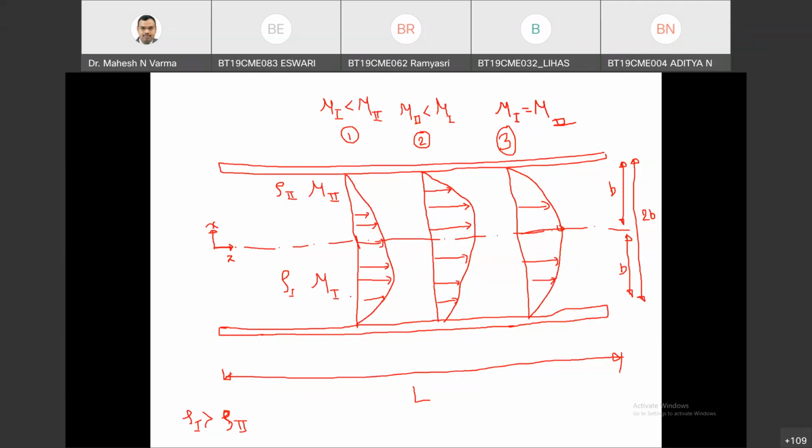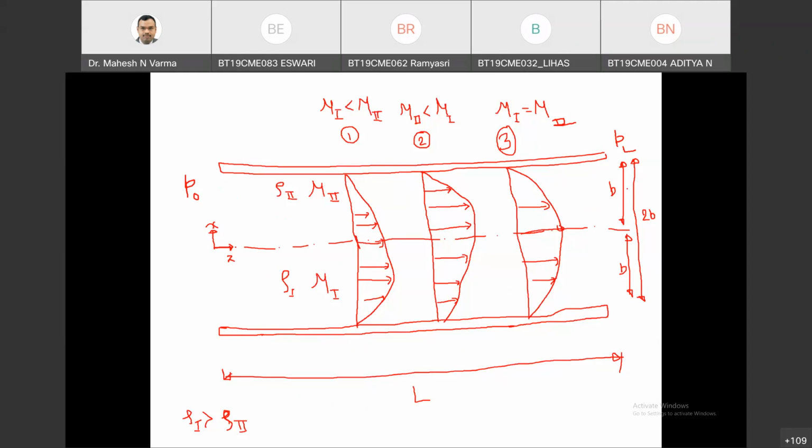Now if mu1 is less than mu2, it will offer less resistance to momentum transfer, and the flow is due to pressure difference. This pressure difference is the same, P0 at one end and PL at the other, for fluid 1 and fluid 2, every layer.